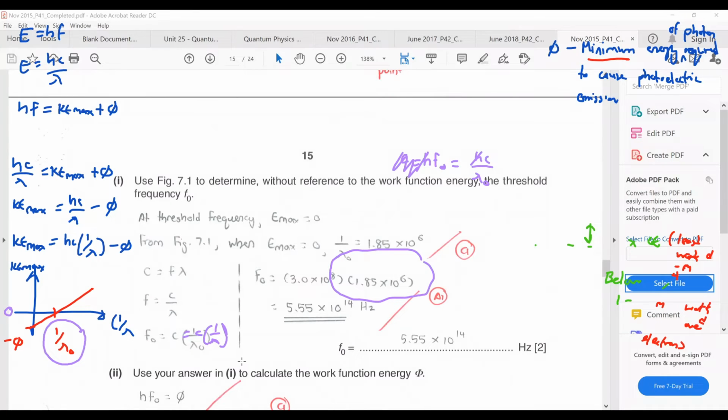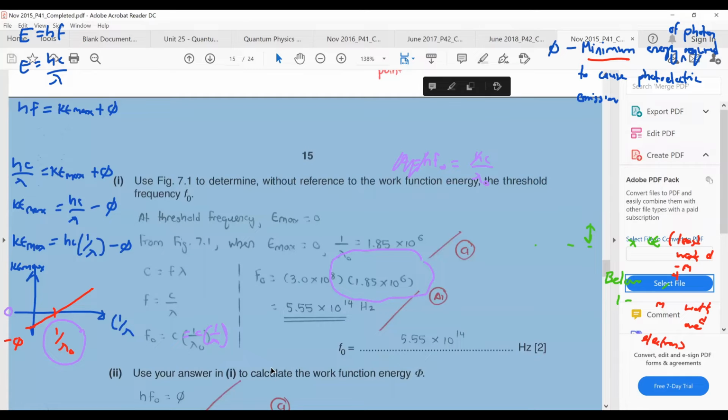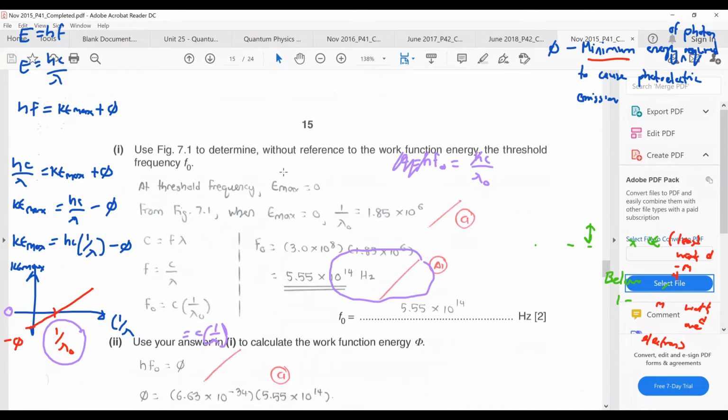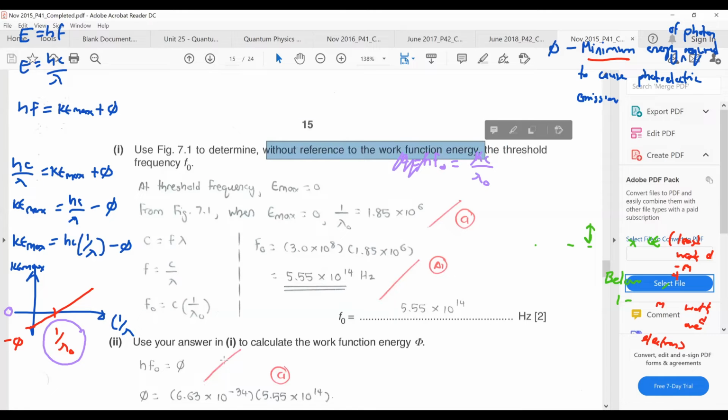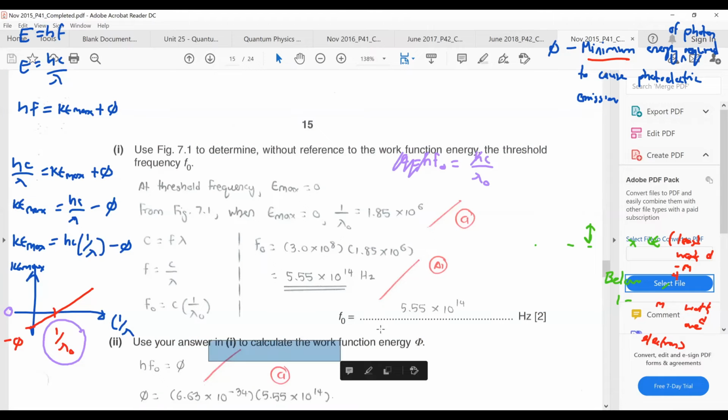Then use your answer to calculate the work function energy. So now from here, you start to use your work function that relates to threshold frequency. It's here that you use HF naught equals work function energy. Previously, just now they asked you not to use it, but here they ask you to calculate it now, so you can use this.